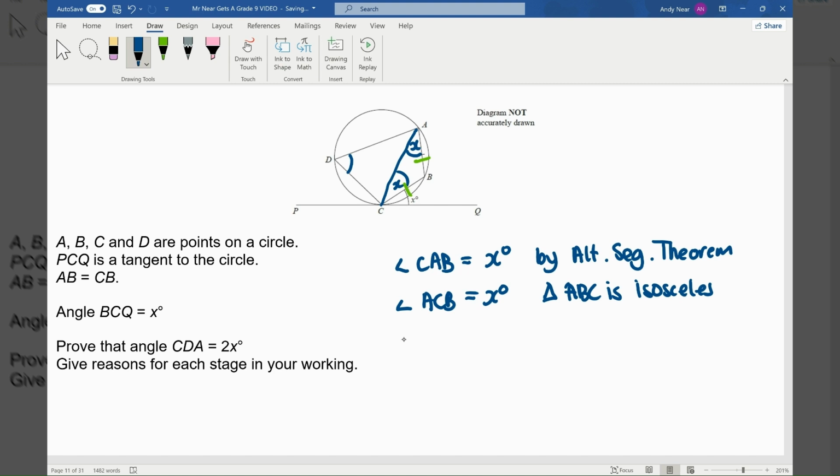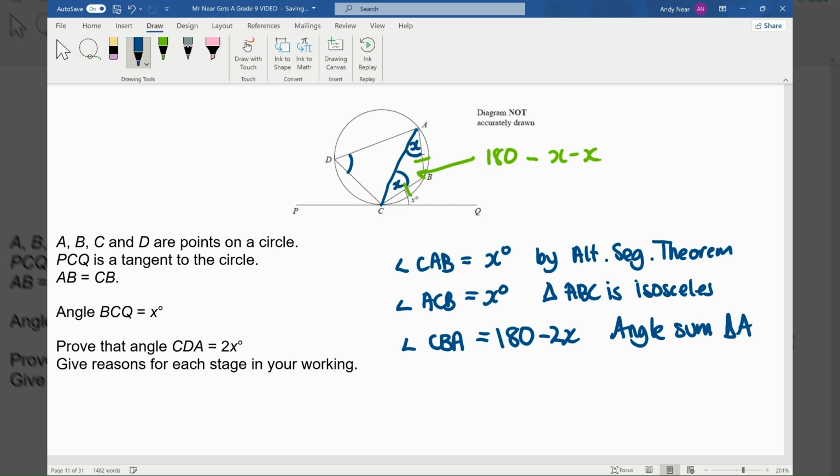And then angle CBA in here is equal to 180 minus x, which is 180 minus 2x. And that's to complete the angle sum in triangle ABC.